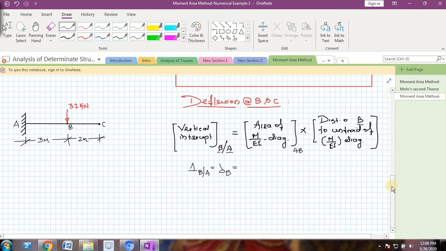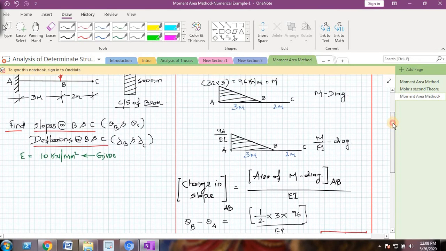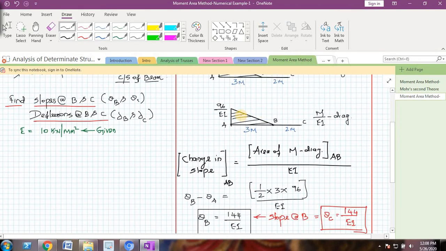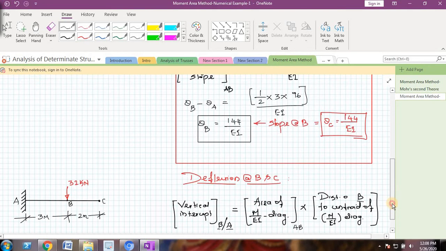So here we have seen what is the area of M by EI diagram. Now I have to refer this figure to find out what is the area of M by EI diagram. So that will be half of base is 3 and height is 96 by EI.